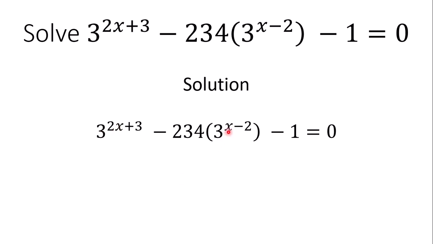So 3 raised to the power x minus 2 can be written as 3 raised to the power x times 3 raised to the power minus 2. And this one too can be written as 3 raised to the power 2x times 3 raised to the power 3.